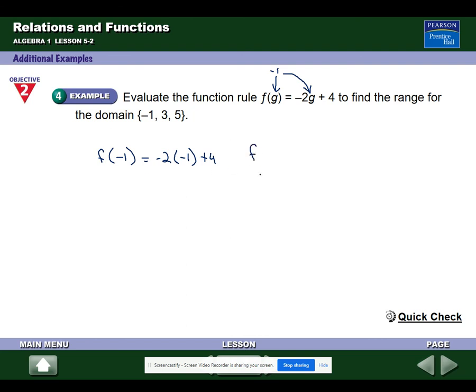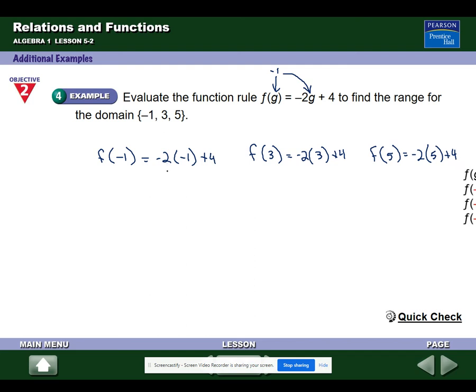And then f of 3 is going to be -2 times 3 plus 4. And then f of 5, because they gave me -1, 3, and 5, f of 5 would be equal to -2 times 5 plus 4.